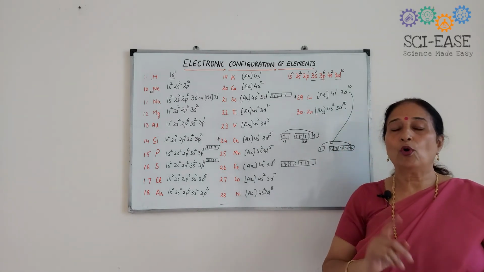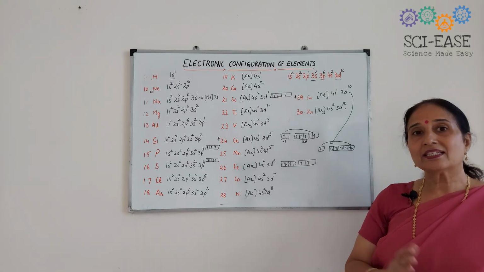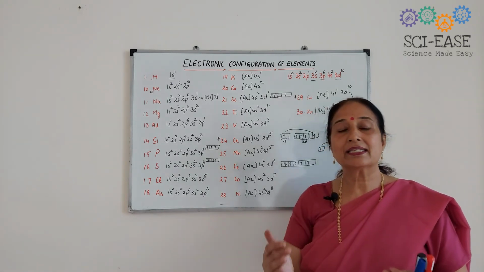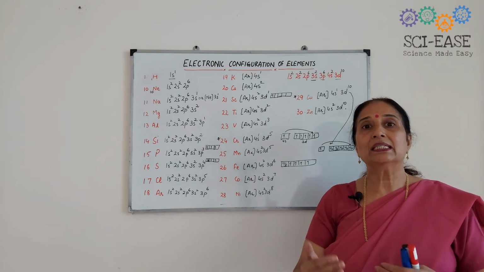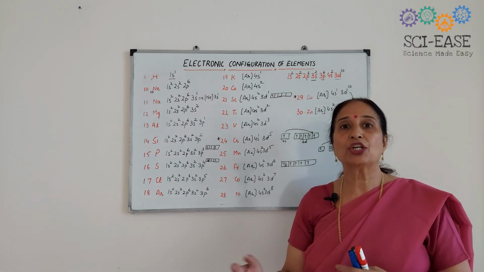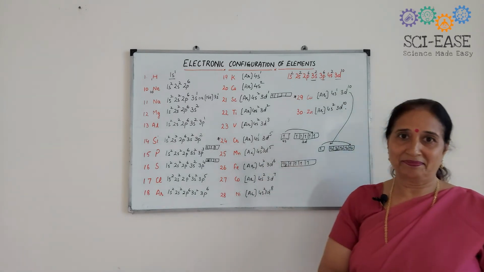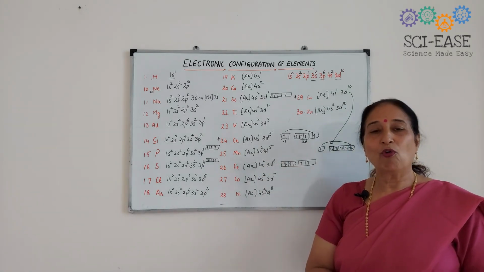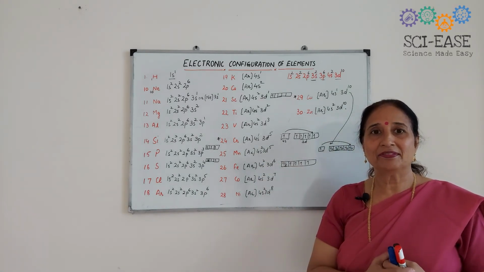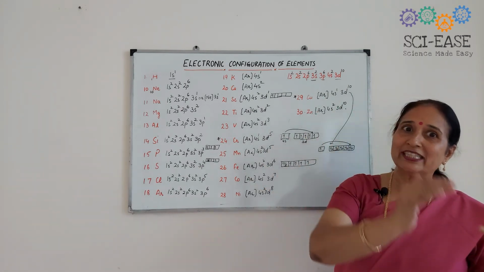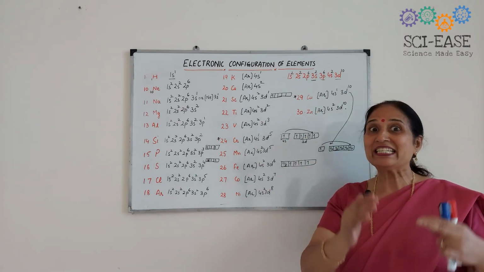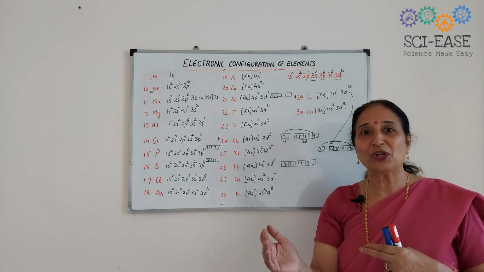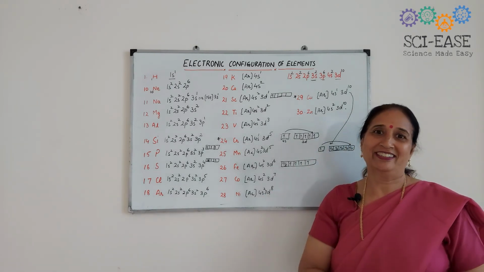One thing I want to tell you here: sometimes in exams there is a question, write the electronic configuration of F negative. What do you mean by negative? One electron is added to fluorine. This means it will show the configuration of neon.